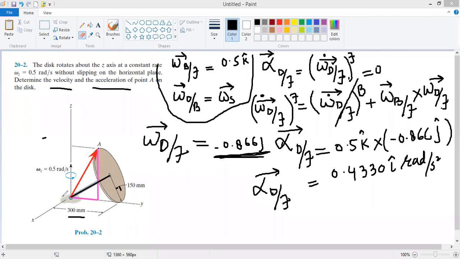Let me write this as point O, and let me call this point C. I had earlier called this point B, no problem. Now in this right angle triangle, this angle is equal to 30 degrees. Its hypotenuse is 300 mm, and its base happens to be 150 mm, that is 0.15 meter, and this is 0.3 meter.